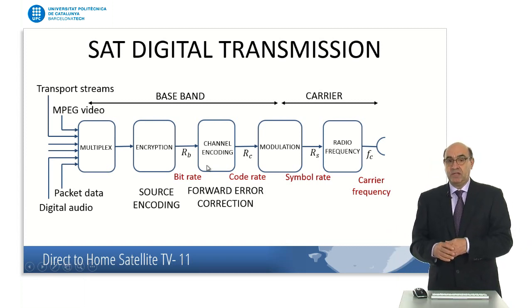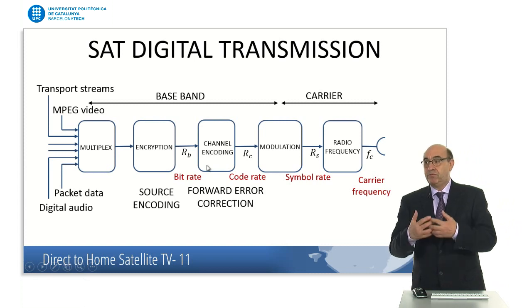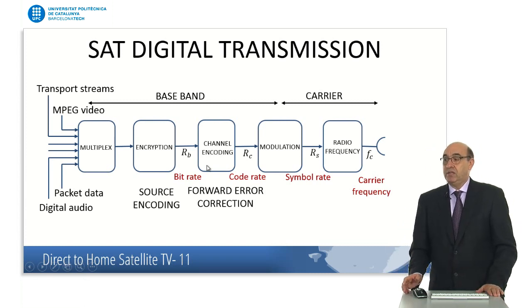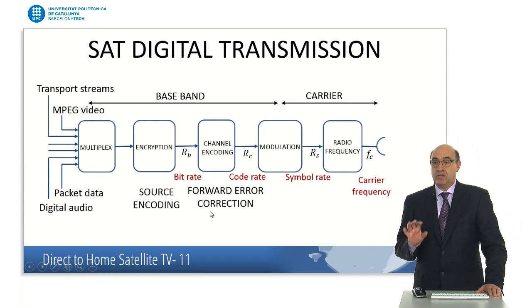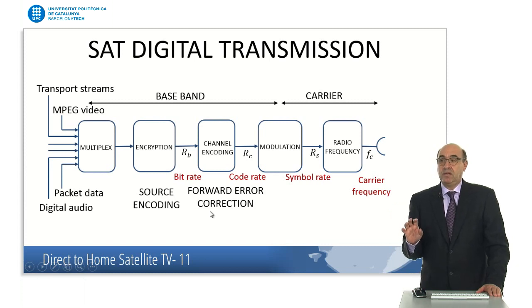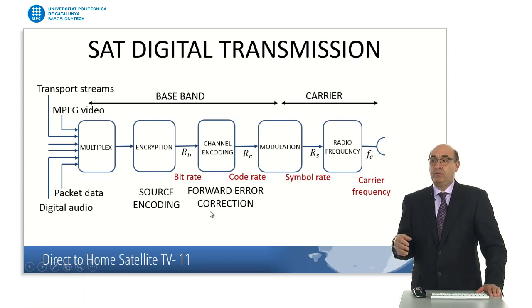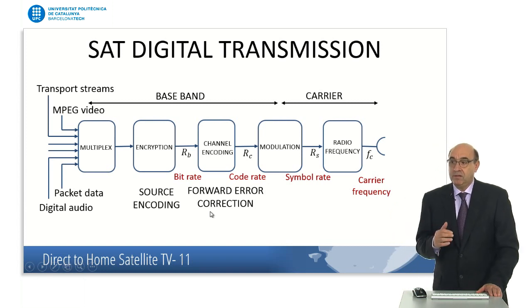So we are just giving tools to the receivers for detecting and correcting the errors. This process is normally called forward error correction, because we are just sending the data and the receiver will have to read that data and in some way compensate the errors.